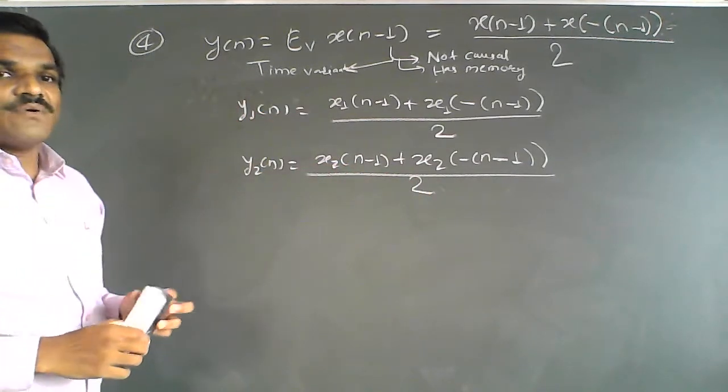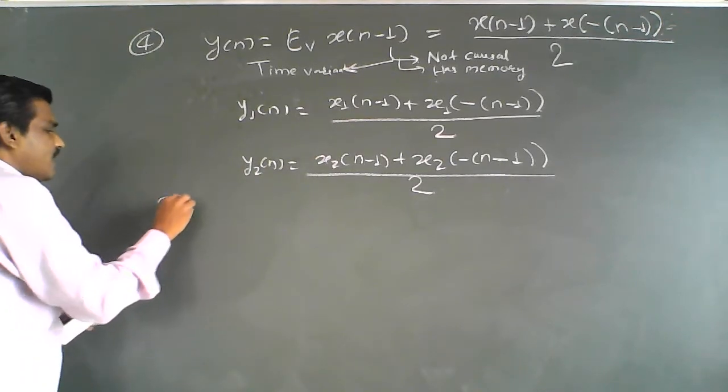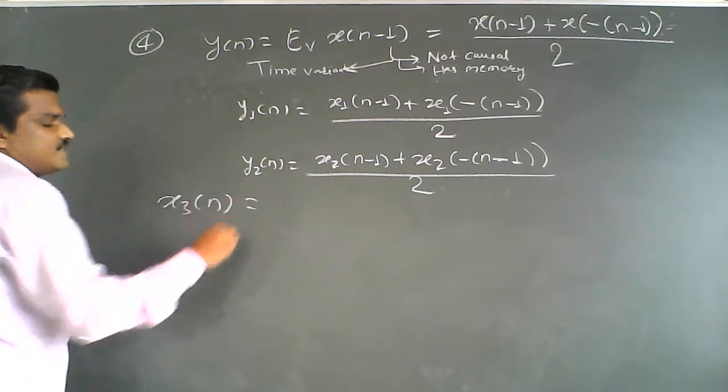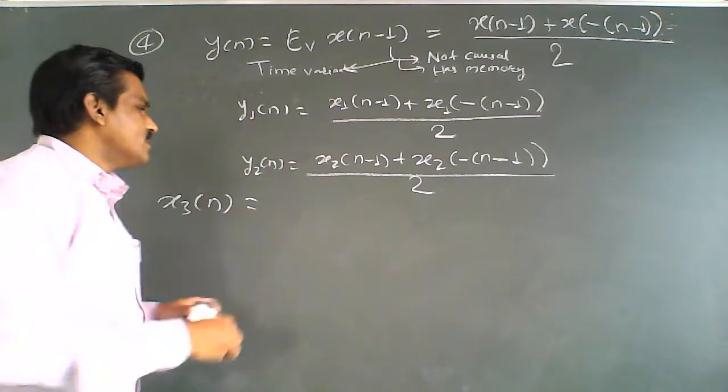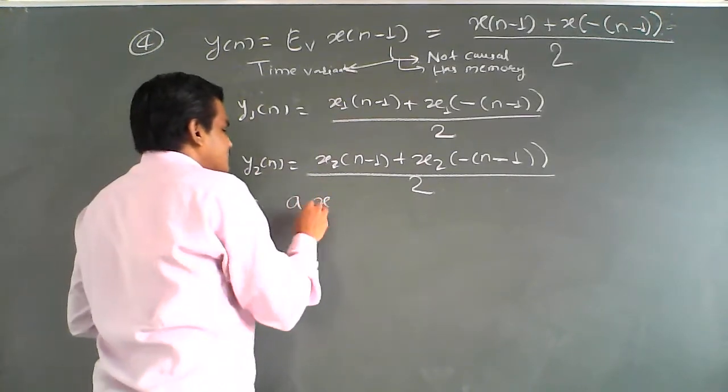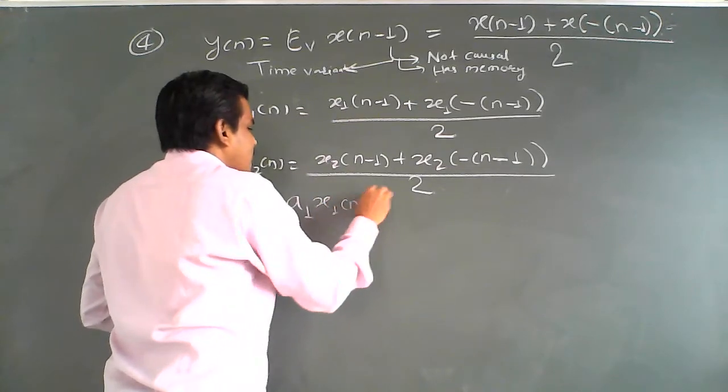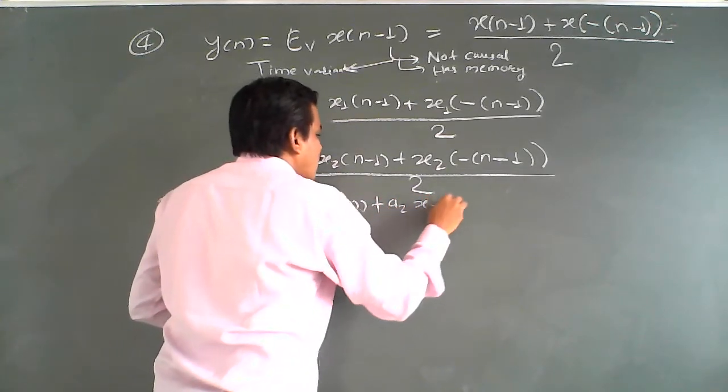Now if I take x3 as another input, which is the linear combination of x1 of n and x2 of n, I will write it as a1 x1 of n plus a2 x2 of n.